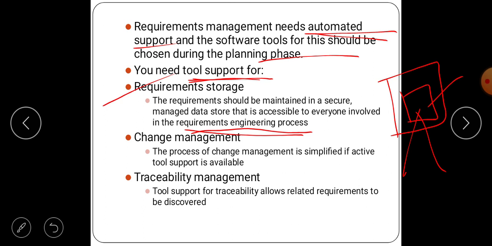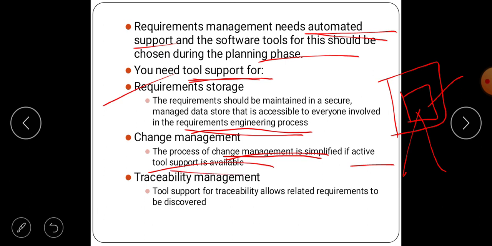Next, change management. Okay, the process of change management is simplified if activity tool support is available. Means if activity tool support is available, the change management is very simple.